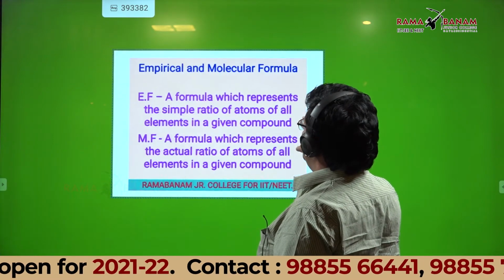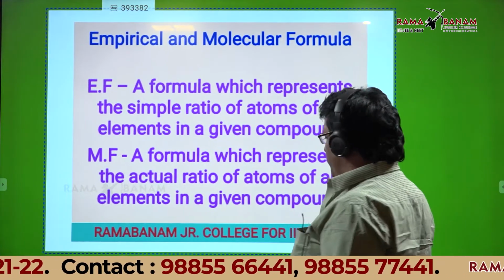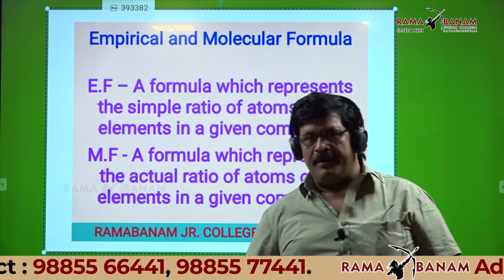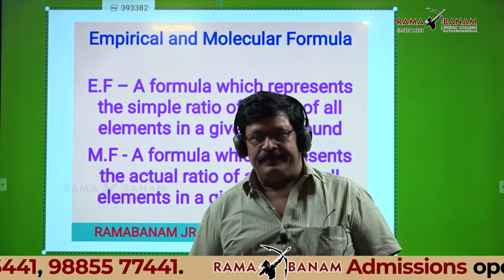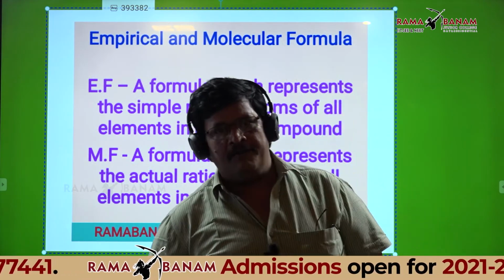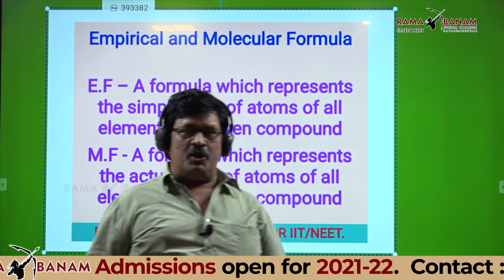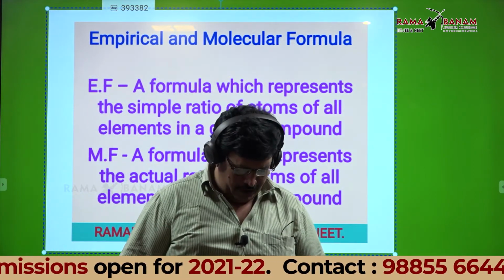In the last class we started empirical formula and molecular formula, and their definitions. Empirical formula is nothing but the simple ratio of atoms of all elements in a given compound.